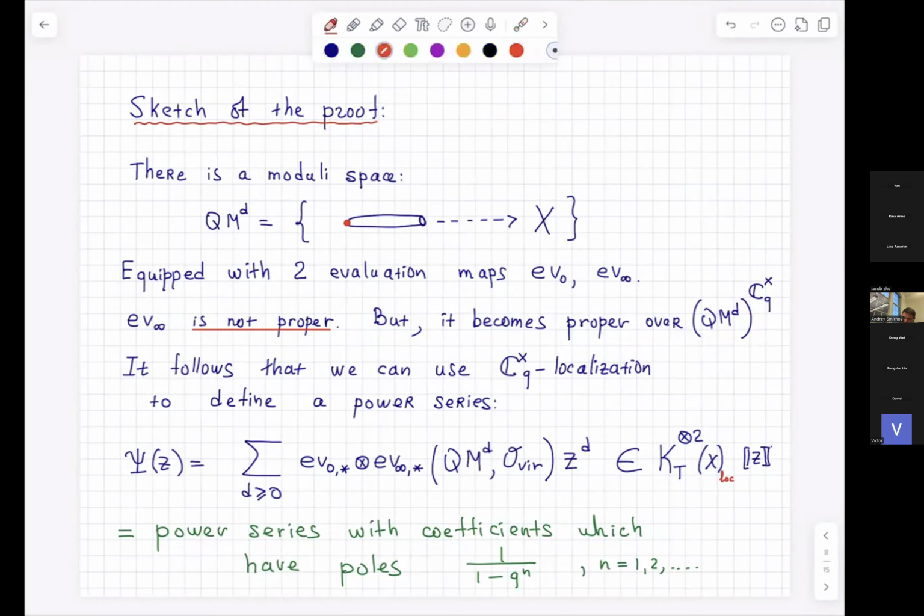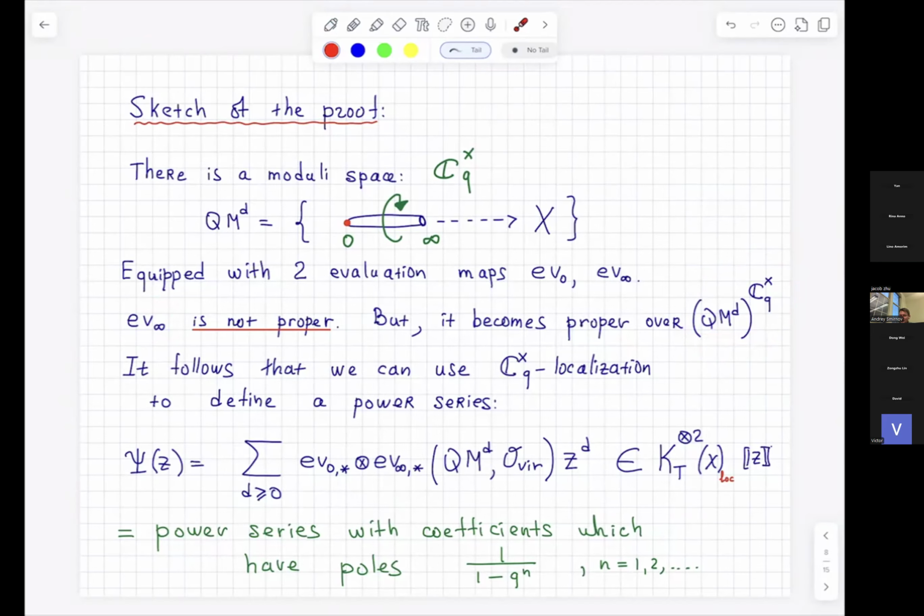This torus acts on the source of the quasimap by rotation, so it rotates this disk, exactly fixing the points 0 and infinity. And the action of this torus on a curve induces an action on the moduli space. And it's known that the evaluation at infinity becomes proper if you restrict it to the set of fixed points.